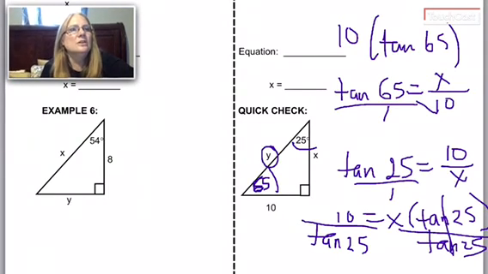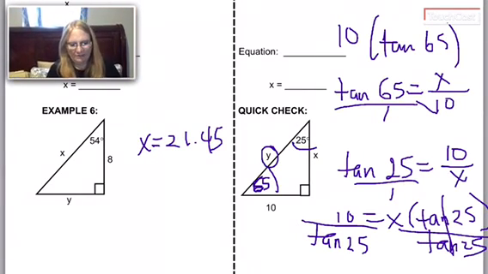So x is 21.45. And if I enter 10 divided by tangent of 25, I get the exact same answer. I always like to do both just to check and make sure I haven't made a mistake.